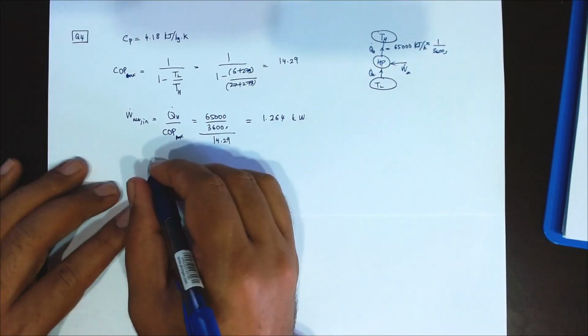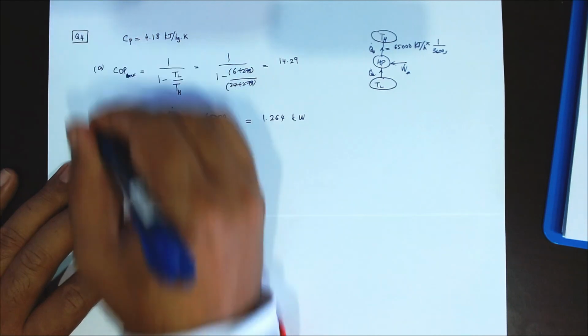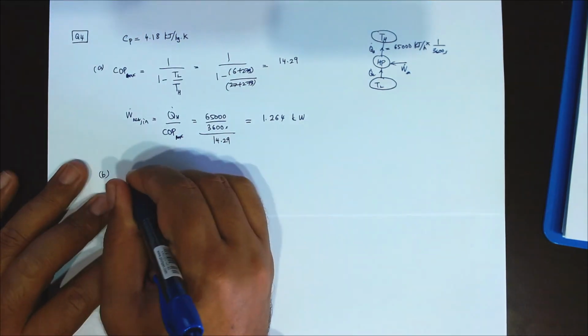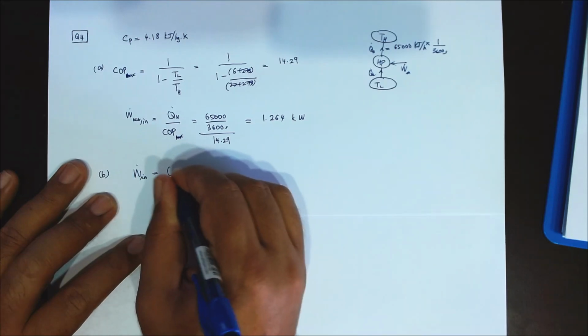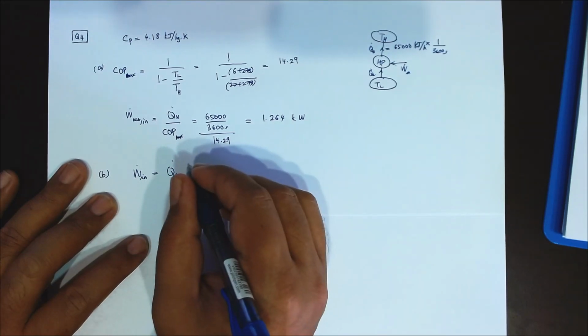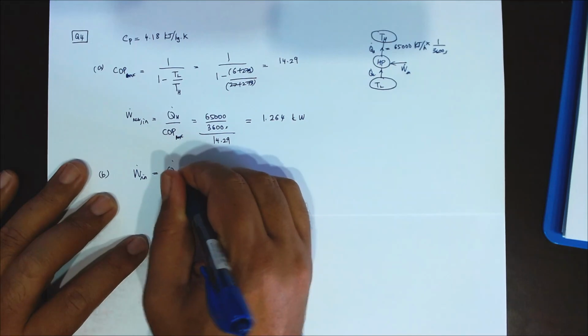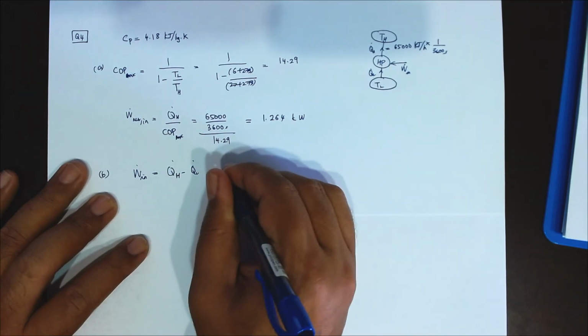So what is the rate of heat absorbed from the lake? This one is part B. We know that W dot in is equivalent to QH dot minus QL dot.